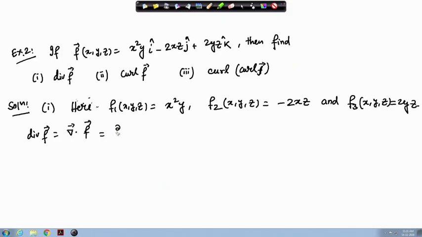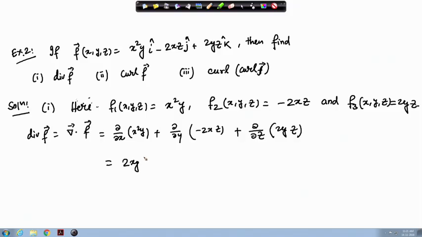So, del x of f1 is x square y, plus del y of f2 is minus of 2 x z, plus del z of f3, which is basically 2 y z. If I do del x, then this is basically 2 x y, and then here we do not have any y variable, so the partial derivative would be 0, and here it would yield, del z, 2 y.